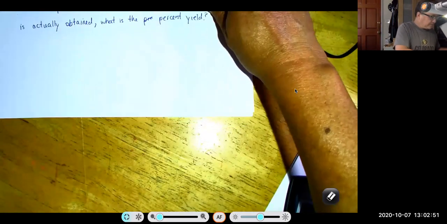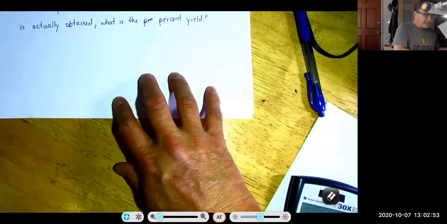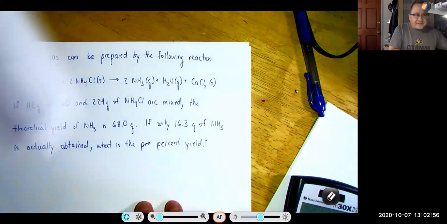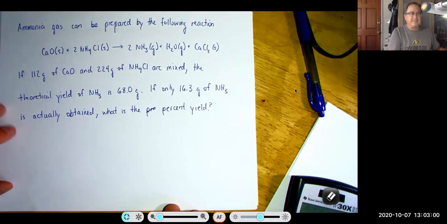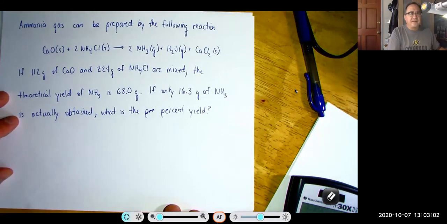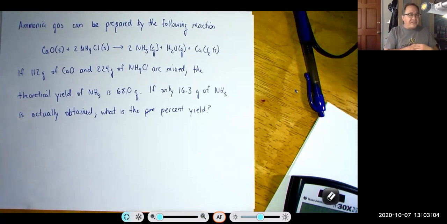Let's do a really simple one. This one is percent yield, and it's very easy. And it's based on a problem we just did. Not the one we just did, but previous to that.